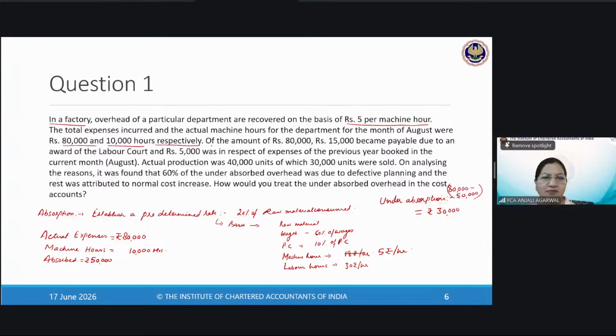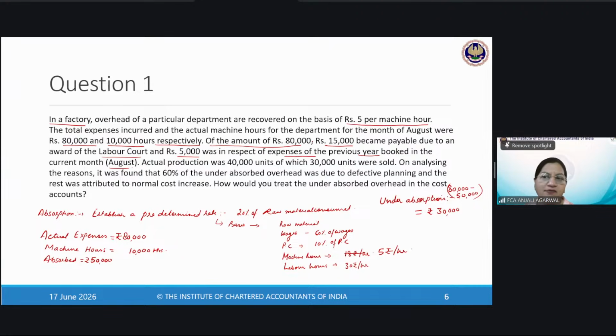Let's say this is specifically out of the 80,000, 15,000 became payable due to an award of the labor court, and 5,000 was in respect of expenses of the previous year booked in the current month. So this 15,000 and 5,000 do not pertain to this year's wrong absorption, right? 15,000 is an abnormal thing.